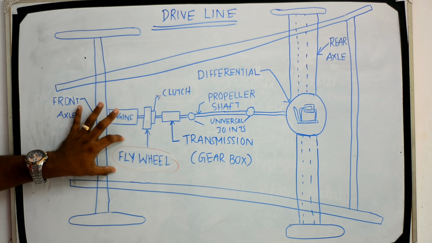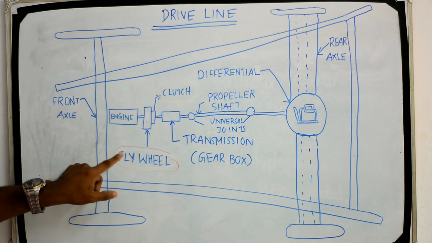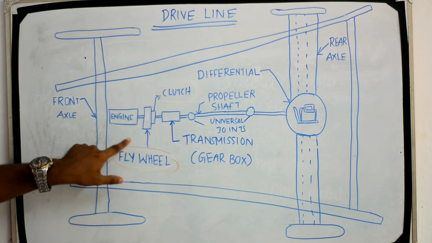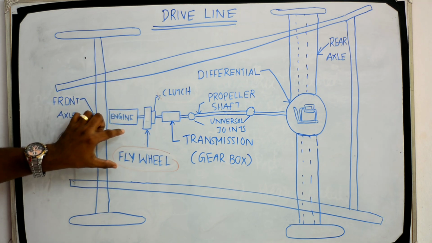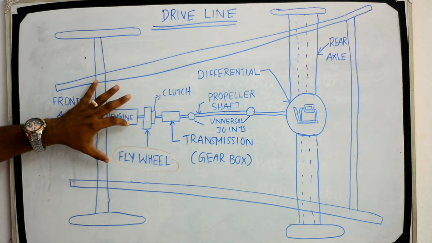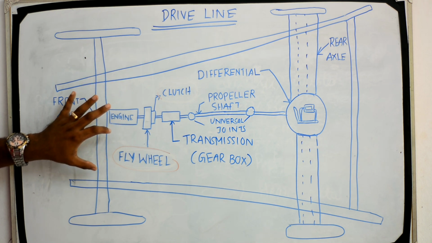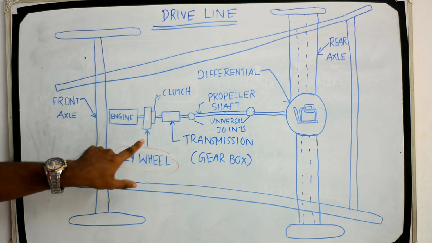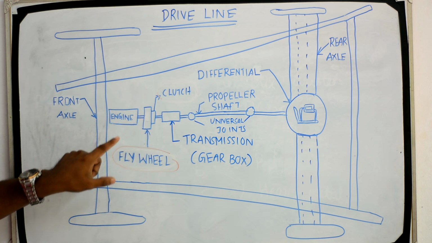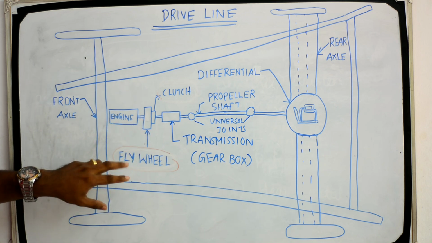Flywheel is placed between the engine shaft and the clutch assembly. The power from engine is transmitted to gear shaft by the frictional force between flywheel and the pressure plate of clutch.